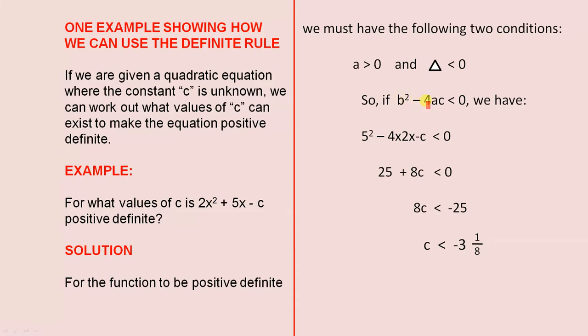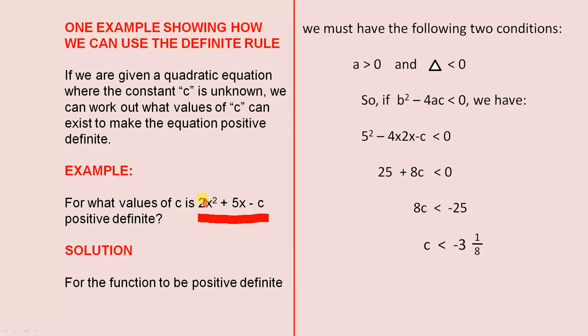So if b squared minus 4ac is less than 0, we have b squared minus 4 times a times negative c, because it's actually negative c here, has to be less than 0. If we simplify that, we get 25 plus 8c is less than 0. 8c is less than negative 25, so c has to be less than minus 3 1/8 for this to be positive definite.